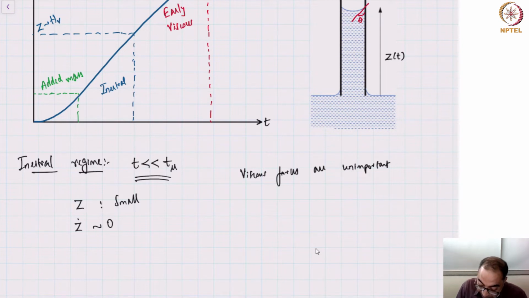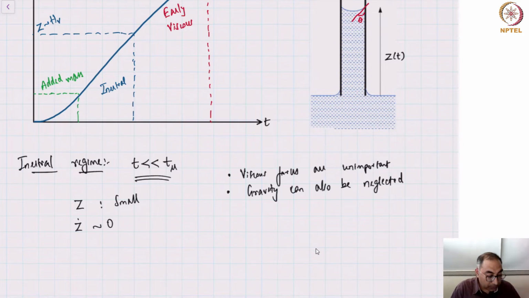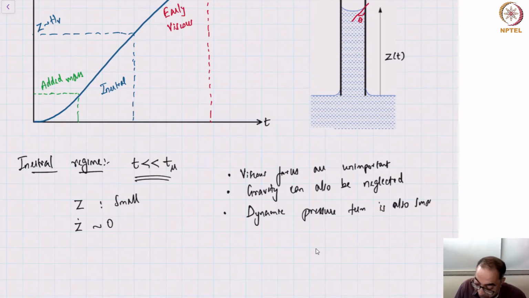Viscous forces are unimportant, and the fluid has not really risen much in the column, and therefore gravity is also unimportant. Further, the velocity is small, so the dynamic pressure term is also small. So z is small, therefore the z dot square term is small.